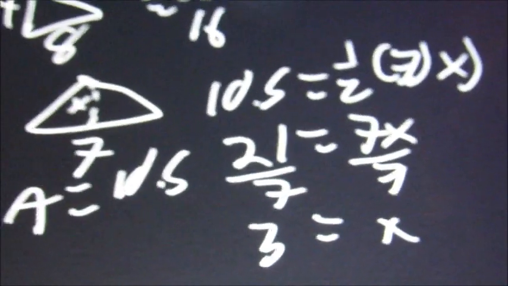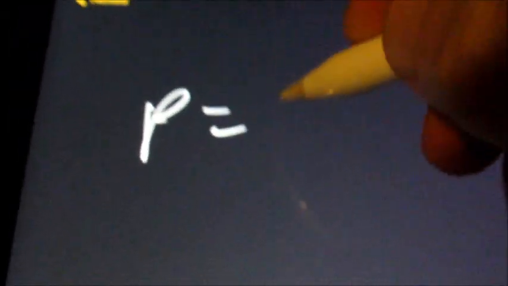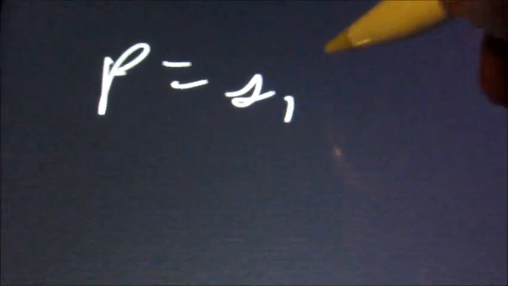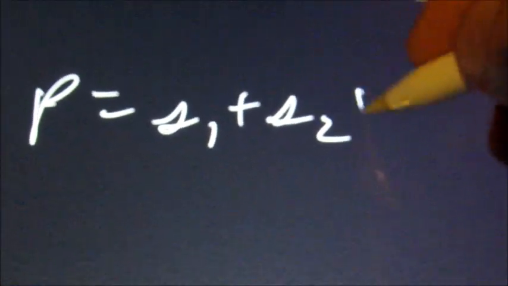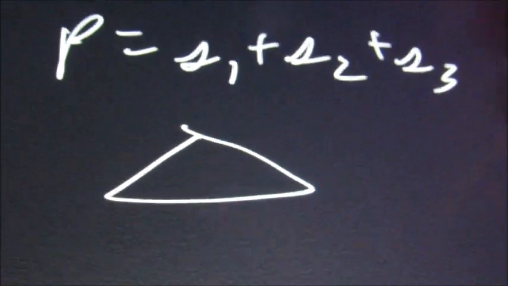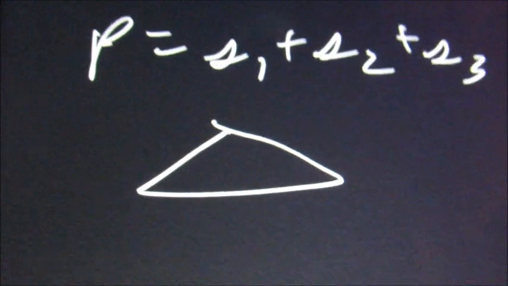The last part of triangles is going to be the perimeter. And the perimeter equals side 1 plus side 2 plus side 3. And that's just the distance around the triangle.